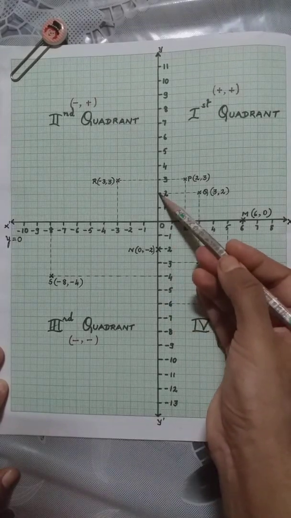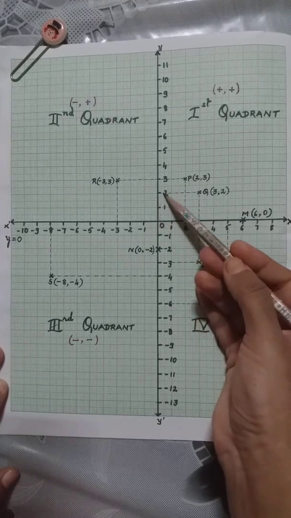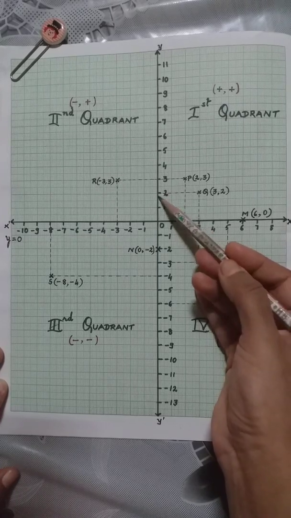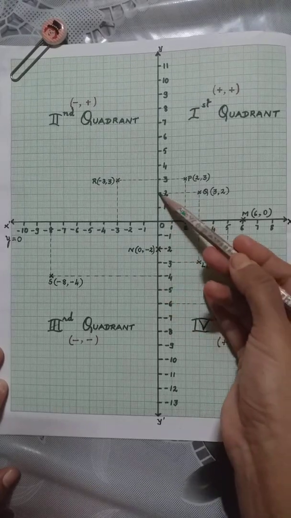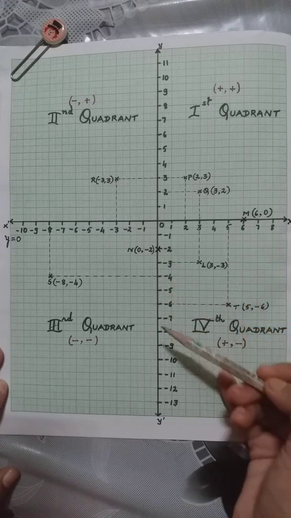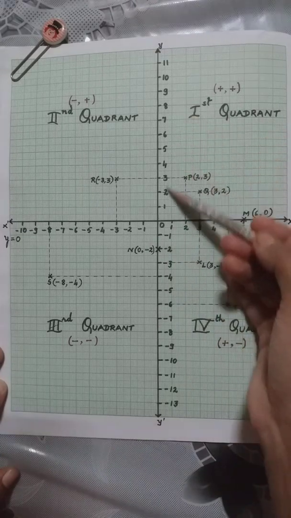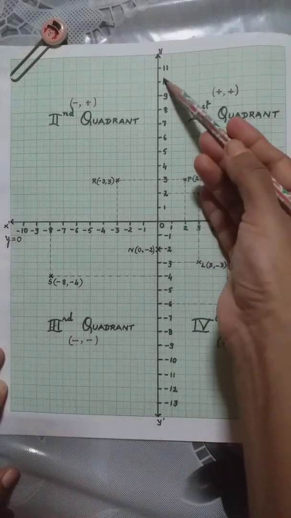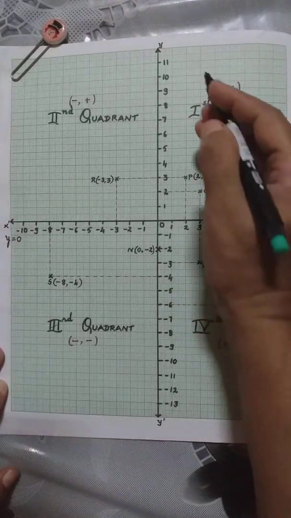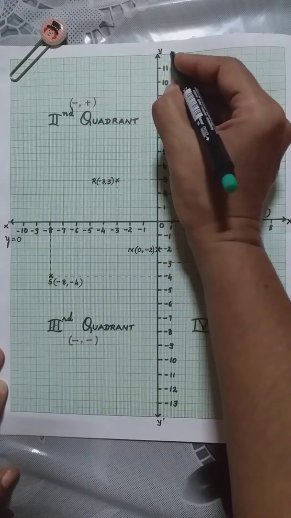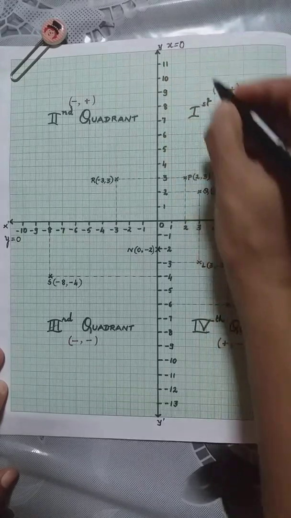If I take this point here, it represents 0 on the x-axis and 2 on the y-axis. Therefore, the coordinates will be 0, 2. So this is 0, 2. This is 0, -2. This is 0, 6. So what is happening? Every point on the y-axis has its x coordinate as 0. So we can say that the equation of the y-axis is x is equal to 0.